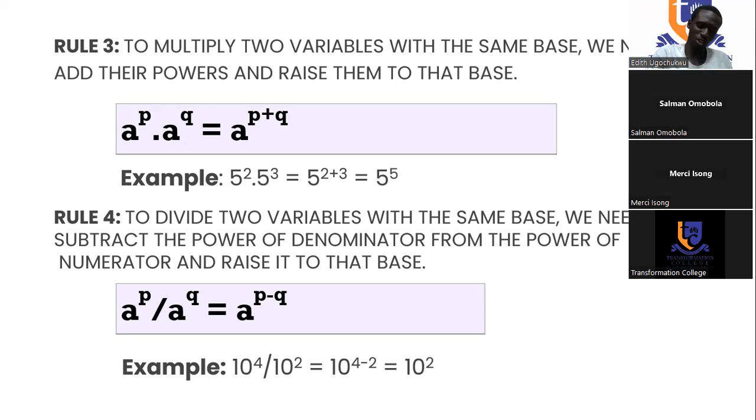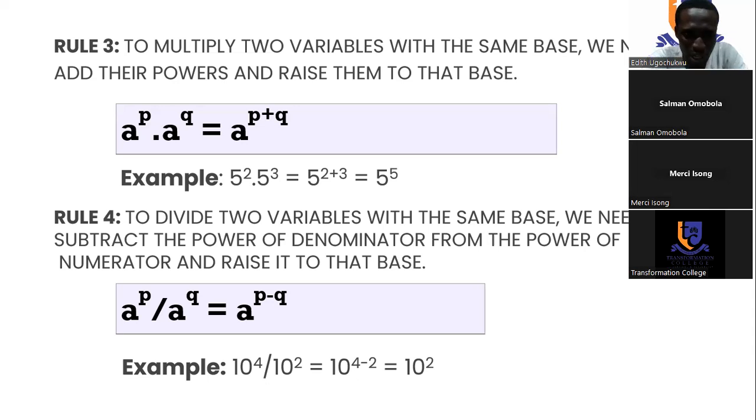In my question, 2 raised to power 4 multiplied by 2 raised to power 2, my base is 2 and 2, the same. So since my bases are the same, just 2 raised to power 4 plus 2. My multiplication becomes addition. That will be 2 raised to power 6, and that will give me 64. So you can see how the law of indices made it easier to simplify.